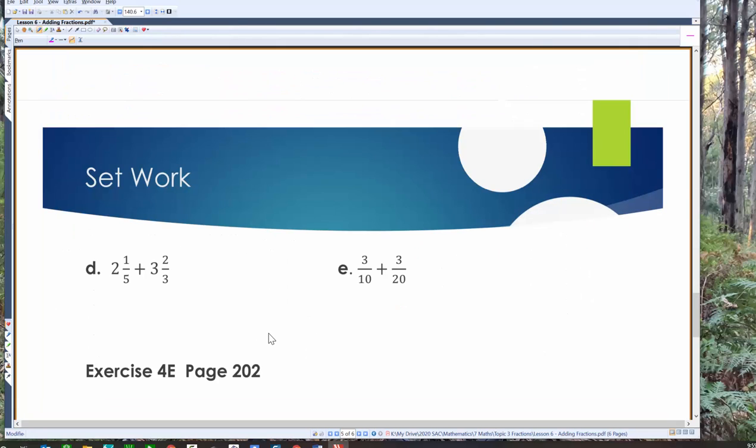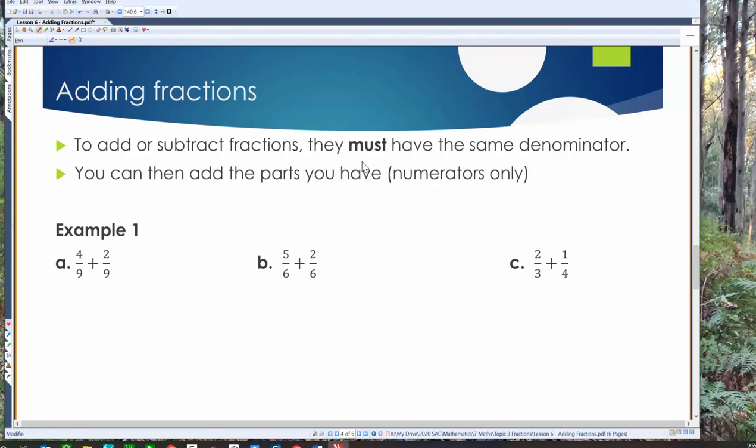So to add or subtract fractions, they must have the same denominator. It shouldn't actually say must, but it helps. Okay, now I'm going to give you an example of when you may not have the same denominator: 1/2 plus 1/4.